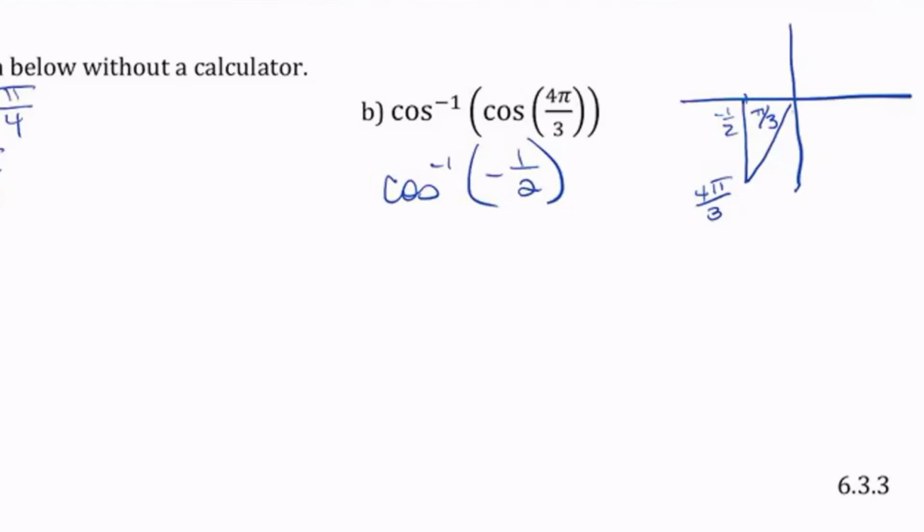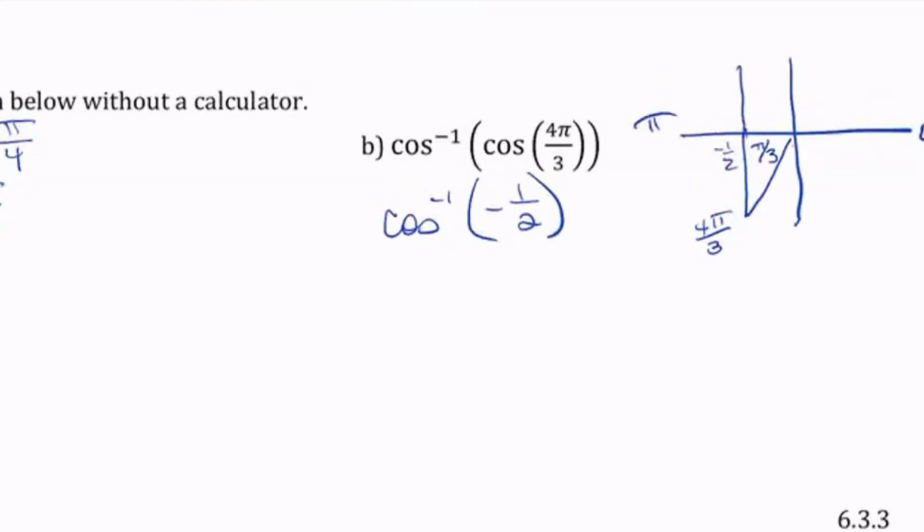And remember, the cosine is restricted between 0 and pi. So where does cosine equal negative 1/2 between just 0 and pi? We can use that same reference angle. And so instead of 4 pi over 3, we'd be up here at 2 pi over 3. And again, you can check it with your calculator, but we want to try to do it without.